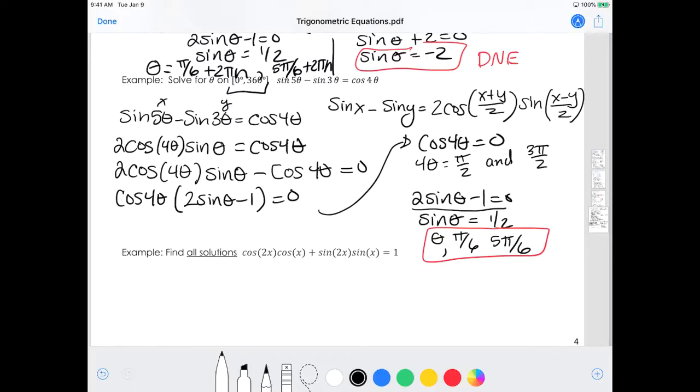But I have to solve for theta, so I have to divide both of those by 4, and that would give me pi over 8 and 3 pi over 8. So these are the 2 answers for the first mini equation. And you can always go back in, plug those values in to check if you want to verify that they work.